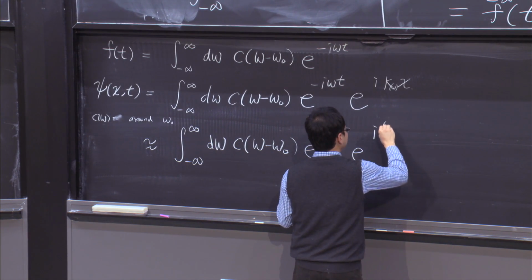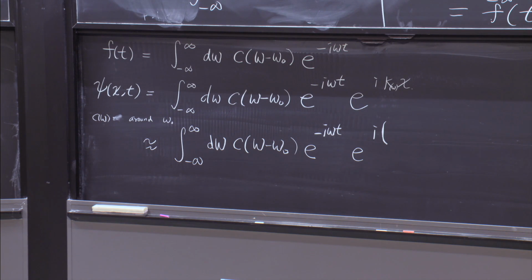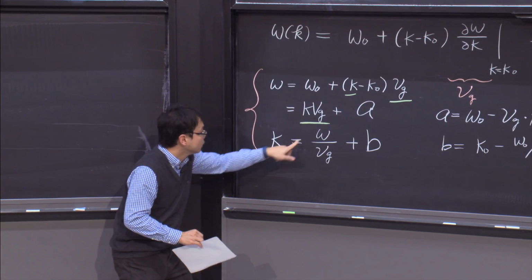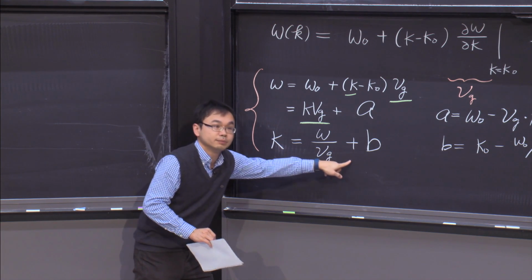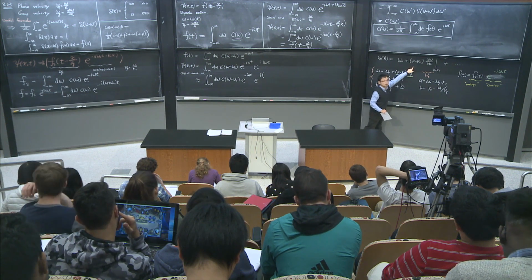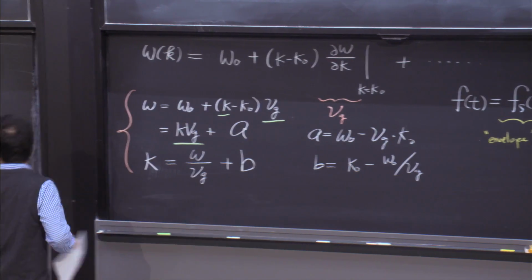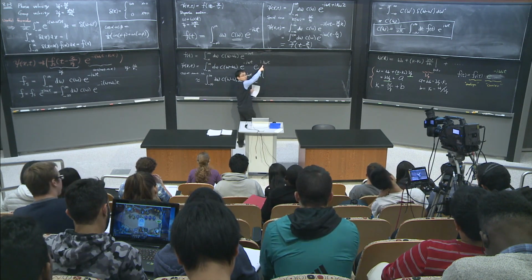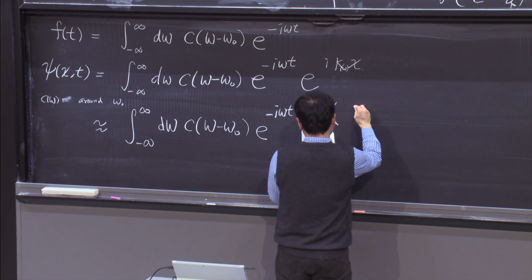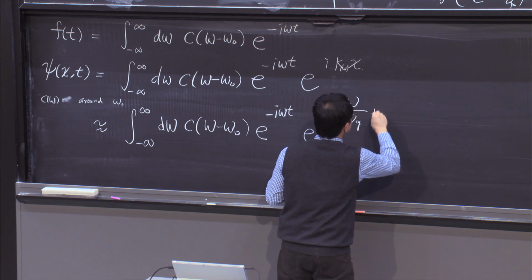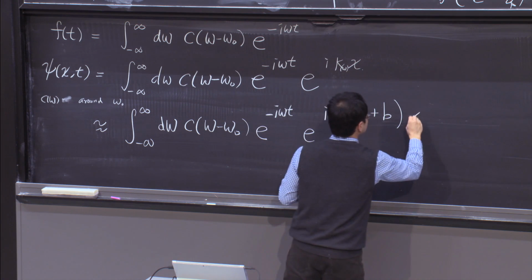Now I can take the formula where I did the approximation around omega 0: k can be written as omega over Vg plus b. This is where I take the approximation, only considering the first order in the Taylor expansion. So you can see now it's not exact anymore, but I write an approximate functional form for k(omega). What I'm going to get is omega over Vg plus b, multiplied by x.